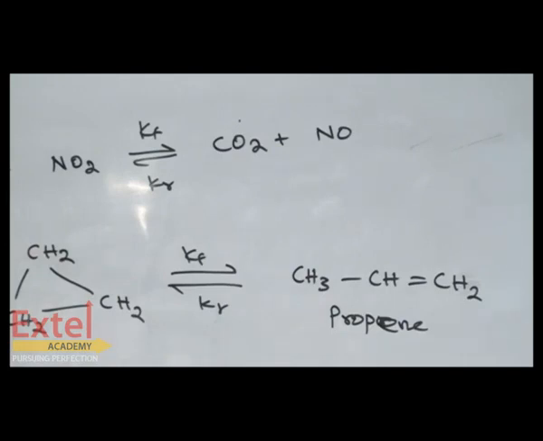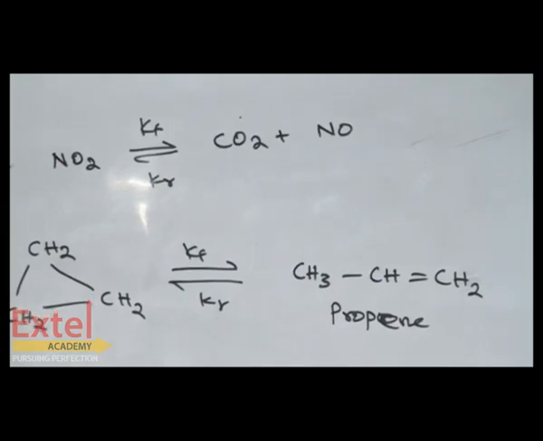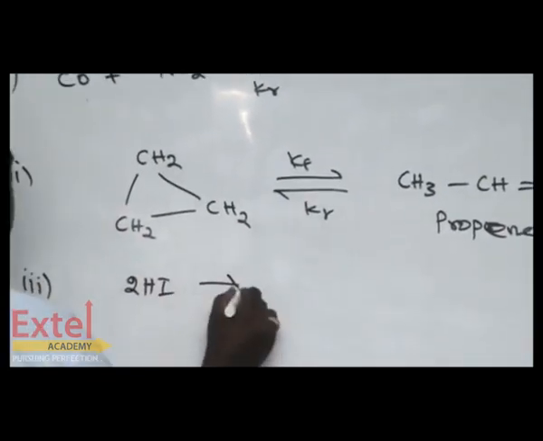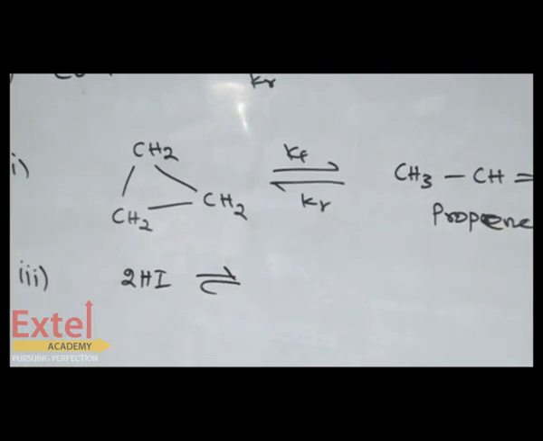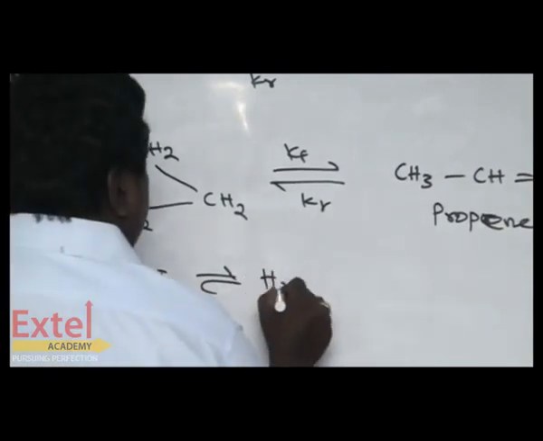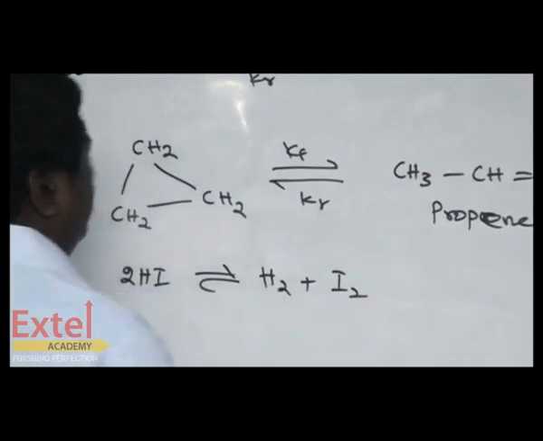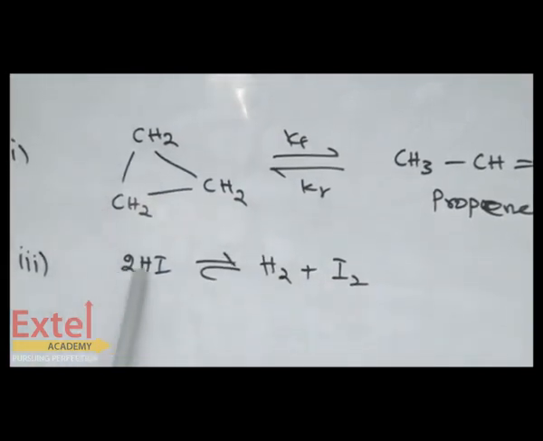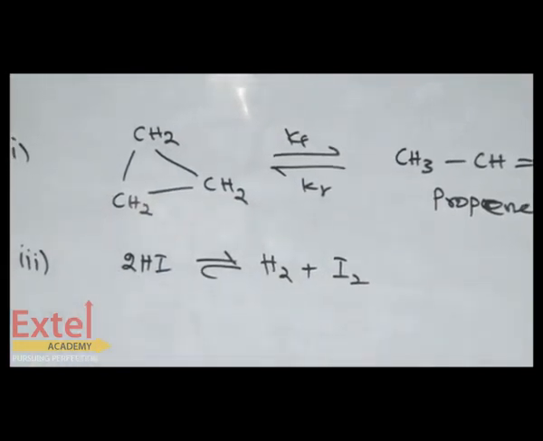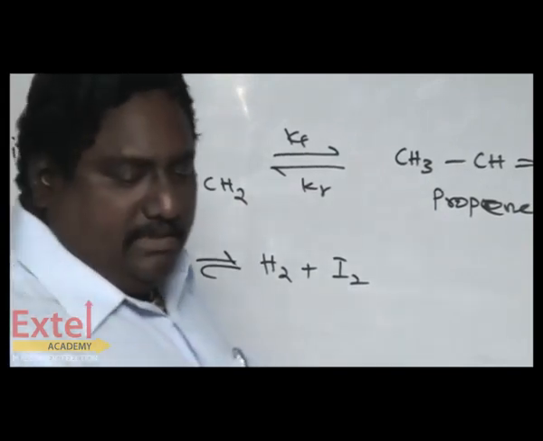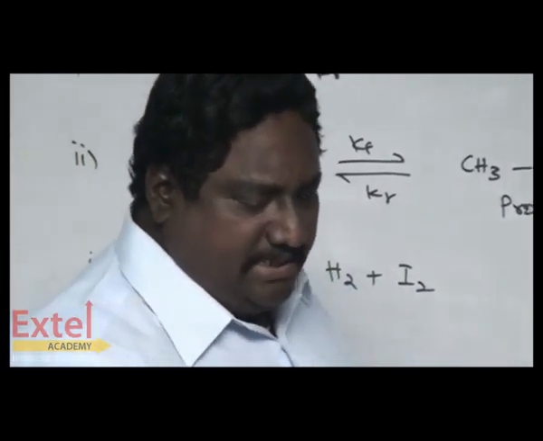Then the third one, 2 hydrogen iodide breaks to form H2 and I2. Hydrogen iodide breaks to form hydrogen and iodine. These are the examples of opposing reactions.